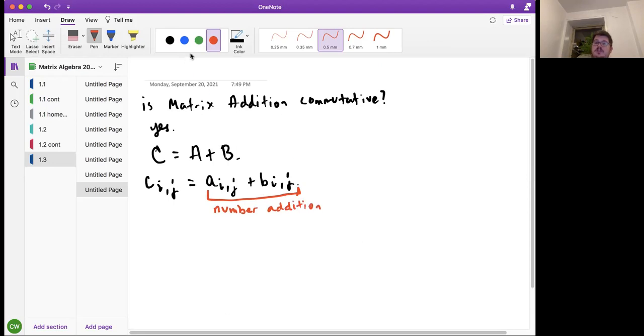That's why it's so helpful to define. So this is the weird addition that we don't know yet, and this is what we're defining. We're defining the result of each entry just to be normal addition. We do know that number addition is commutative, so that can be swapped.